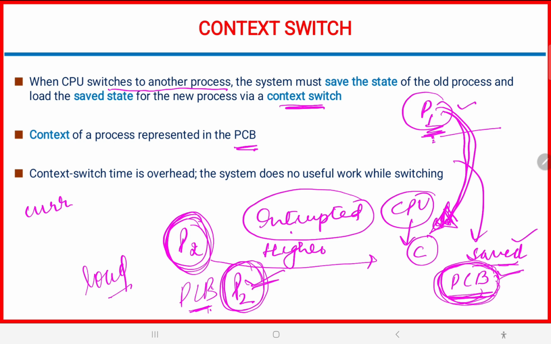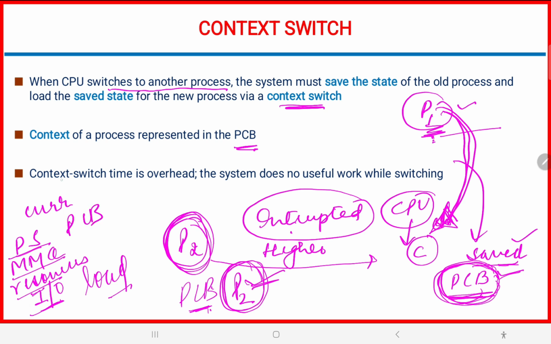This PCB contains a huge amount of information, out of which one of them is the process state. Second thing is the memory management information, and likewise it may contain information like what all resources are allocated to the process, or what all IO activities or what all IO events are supposed to be done. So all this set of information is available in the PCB of that process.